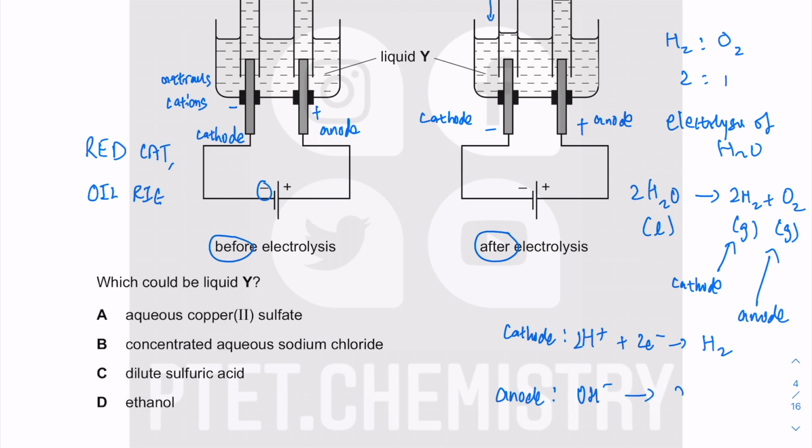OH minus will give you O2 plus H2O plus electrons, so there will be 2 of them, and there will be 4 of them, and 4 electrons. So these are very common questions which you should be able to write anytime, any day, and be able to balance correctly and from scratch, not just by memorizing, because memorizing doesn't help you when you forget one thing or when you make a mistake. So be able to check the atoms and the charges and know what the electrons on the left and on the right actually mean.